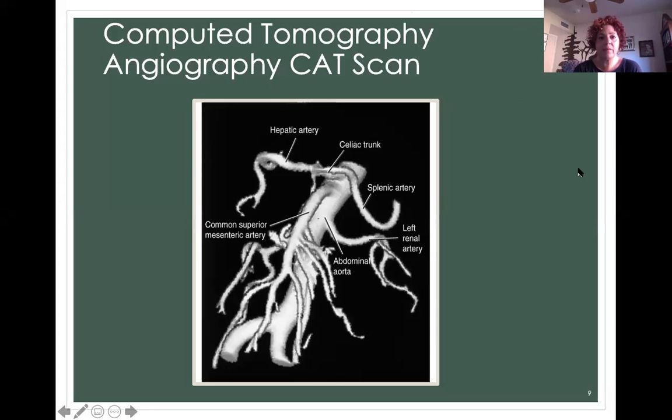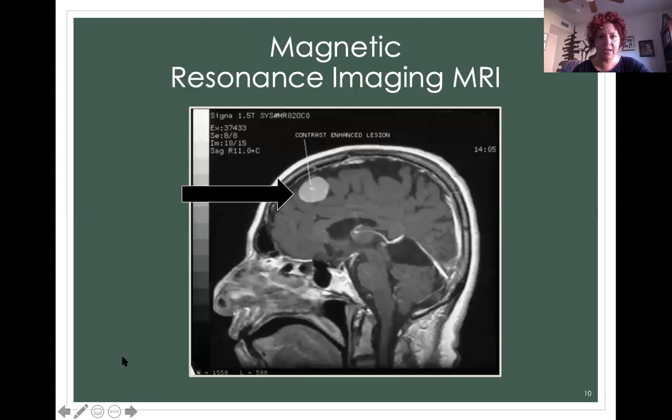So this is something that we don't really deal with intraoperatively, but preoperatively for diagnostic purposes. It's pretty awesome. The next one we're going to look at is MRI.